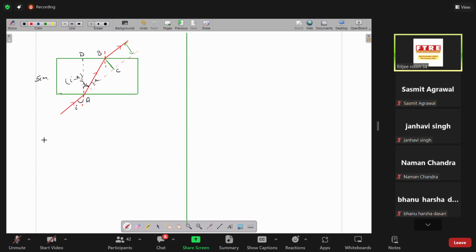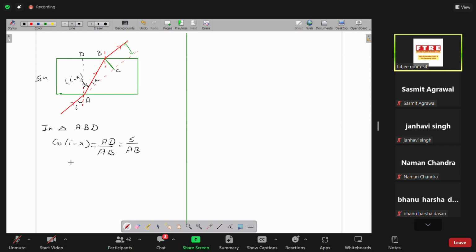I will name this as D. Now in triangle ABD, because I'm interested to find out the value of AB, I'll use cos of I minus R is equal to AD upon AB. AD will be 5 upon AB.